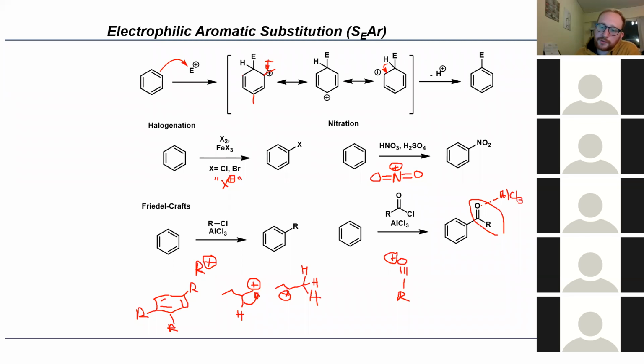Another question: if you use one equivalent of RCl, of your alkyl chloride, would the alkylation happen once, or would there be a mixture of products? So this is referring to the Friedel-Crafts alkylation reaction. And so you would get a mixture of products most of the time. The major might be the monoalkylation product, but the challenge there is that as you add R groups to the ring, it becomes more active, right?